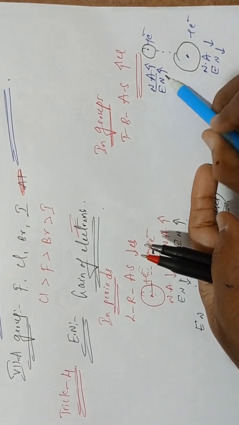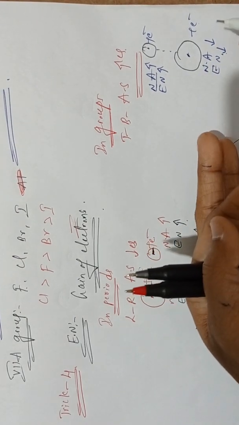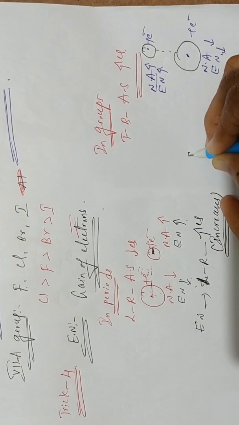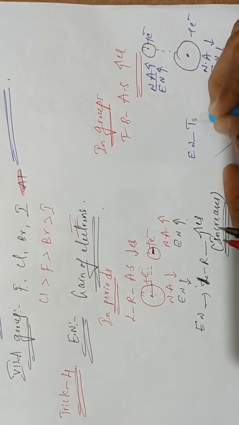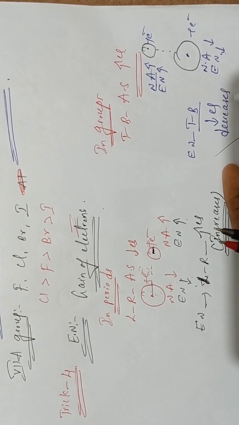So from top to bottom, electronegativity decreases. Understood?